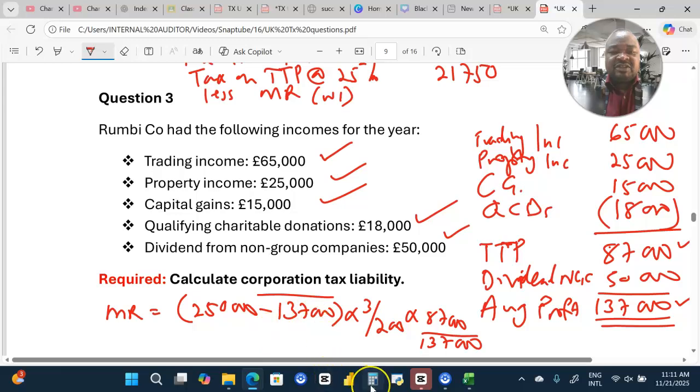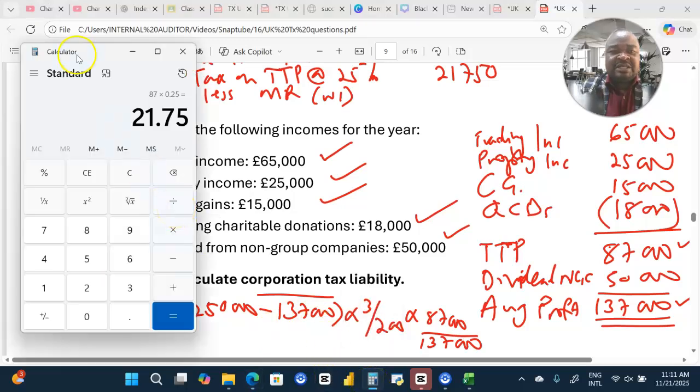If you have an old calculator like mine, you can just do it step by step. First, 250 minus 137, you get 113. Then multiply that figure 113 by 3 divided by 200. You get 1.695.